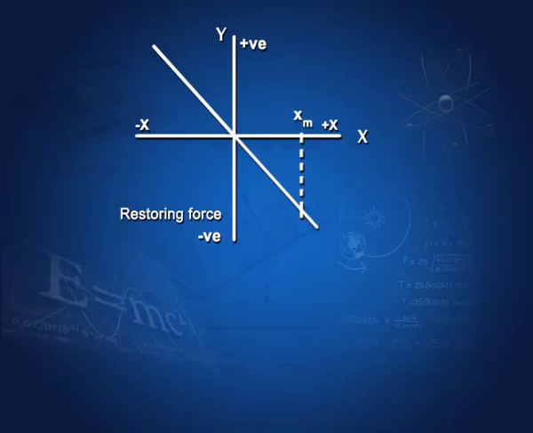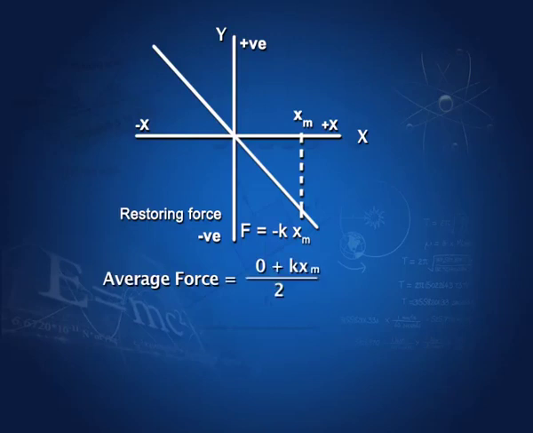Say I am talking about only a maximum displacement of x m. In that case, my value for the force, this one here, becomes F equal to minus k x m. Now, what is the value for force here? Before, for this extension, 0, and what is the value here? K x m. So, the average value of force becomes 0 plus k x m divided by 2.